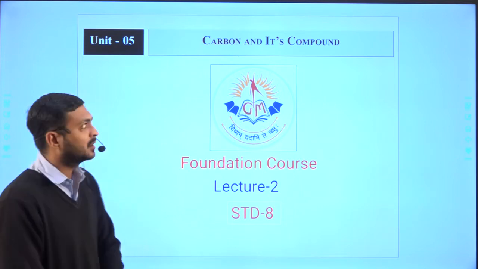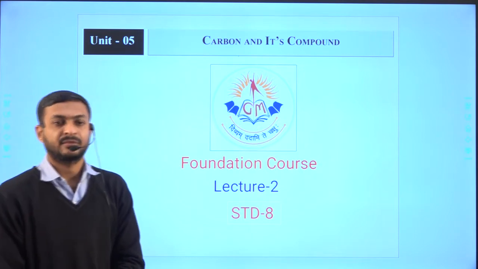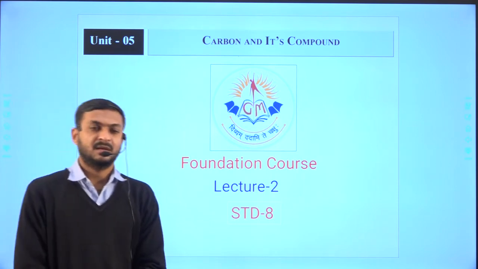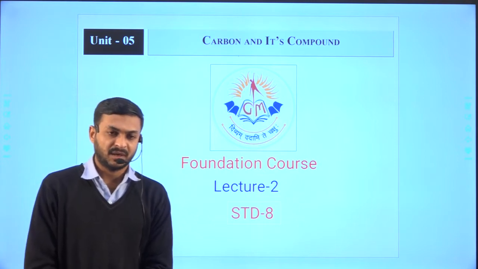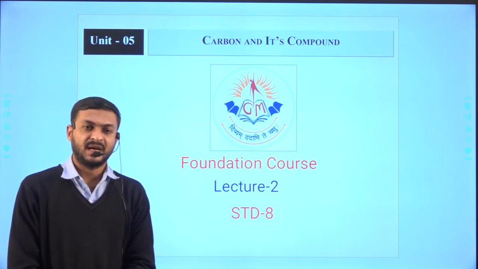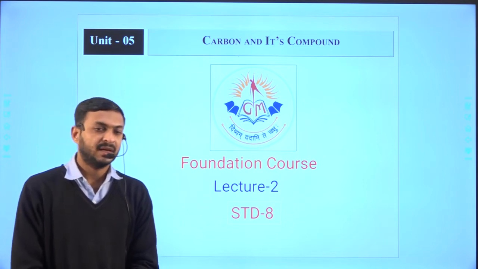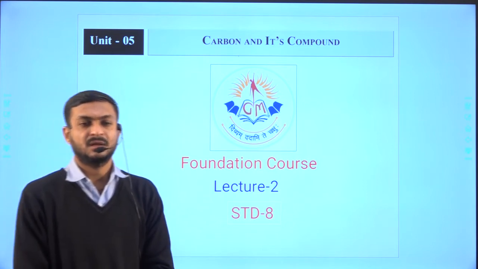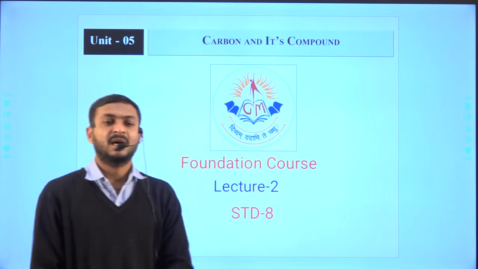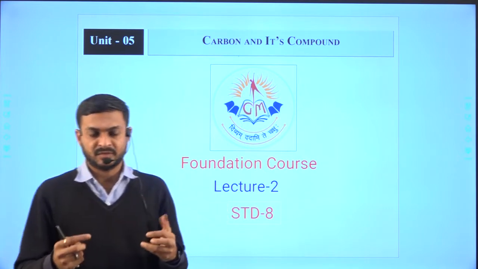We are studying carbon and its compounds. In our previous lecture we studied what carbon is and its different forms, which we divided into two parts: one is the crystalline form and the other is the amorphous form.